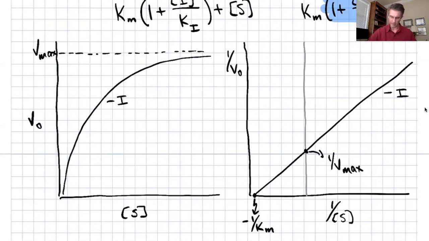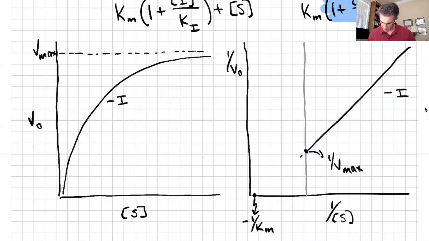Let me redraw that line. Your data for a Lineweaver-Burk plot, of course, is only going to be up here. This is extrapolated back here. You guys hopefully remember that that's the case. Let me move that over where it's supposed to be. Okay, so when you extrapolate that plot back, now you get your -1 over the Km.